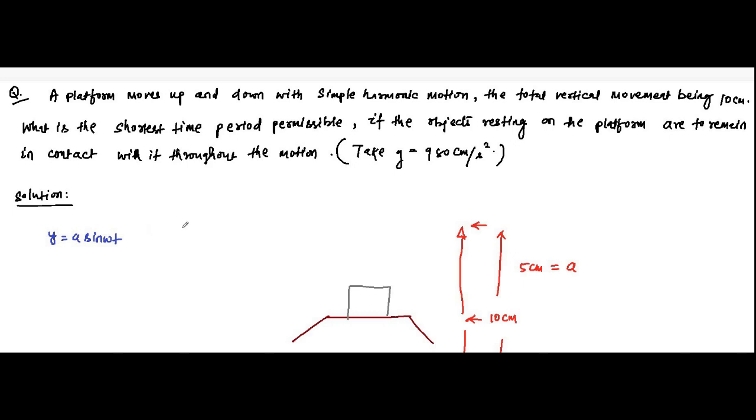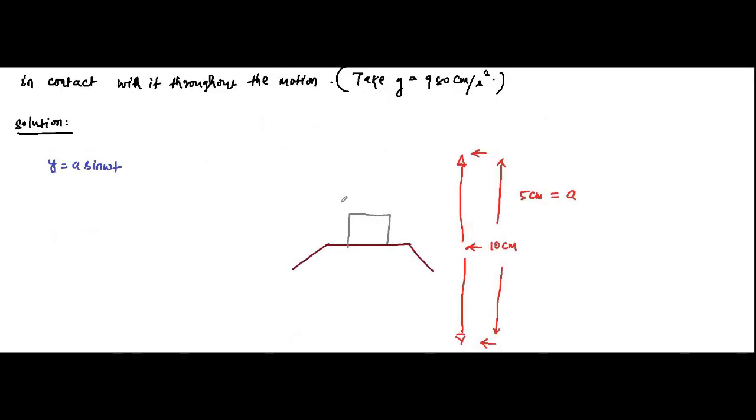So here, let's say an object of mass m is placed on the platform which is undergoing simple harmonic motion. Obviously a force of gravity mg will act on it, and because of the up and down motion of the simple harmonic motion, there will be a force due to SHM which is equal to m into the acceleration of the SHM.